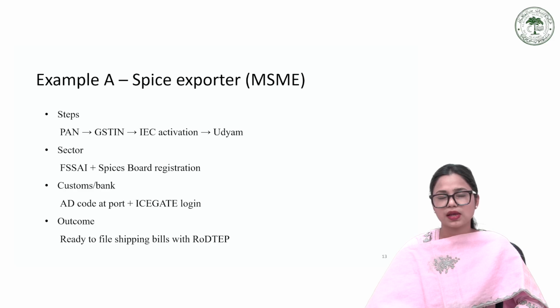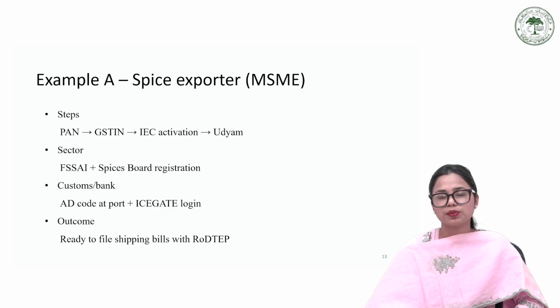Since this is an MSME, they can also get a Udyam certification, which is optional. For sector-specific certification, an FSSAI certificate and Spices Board registration are important in this case.